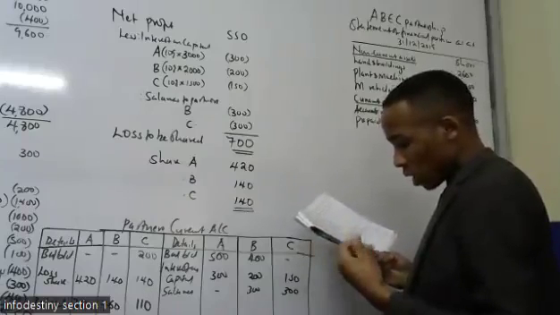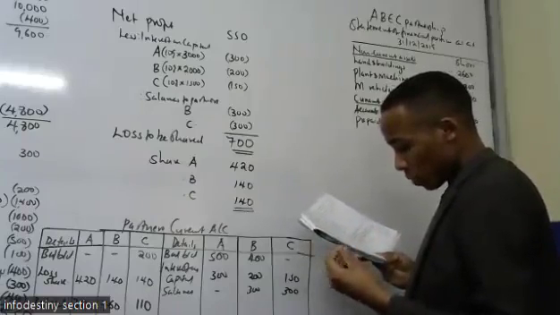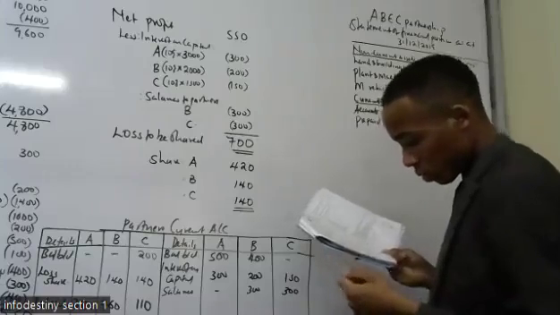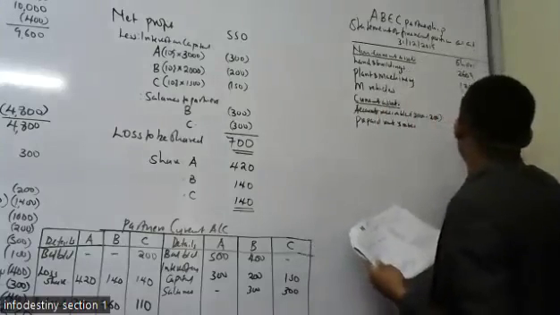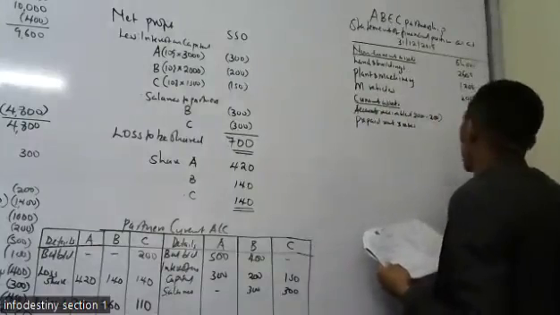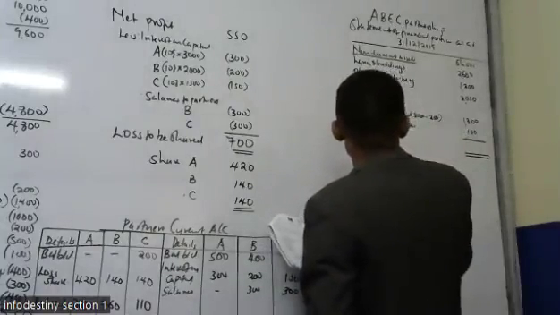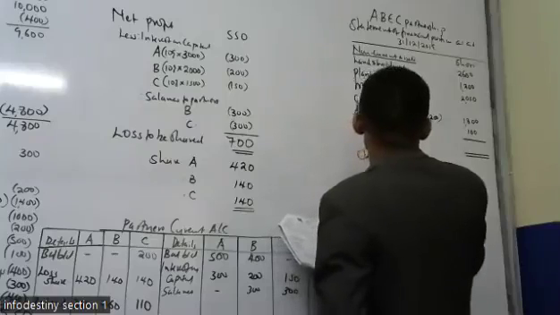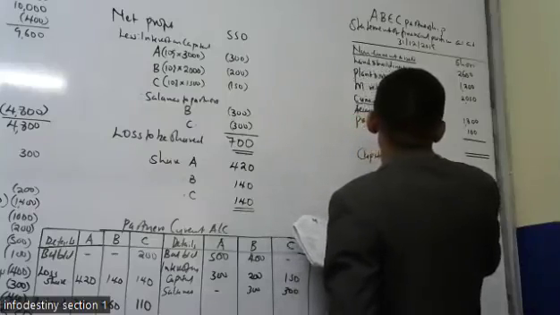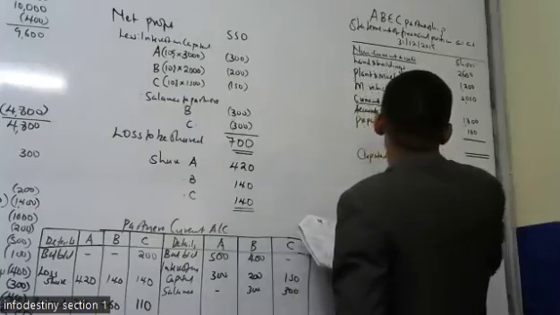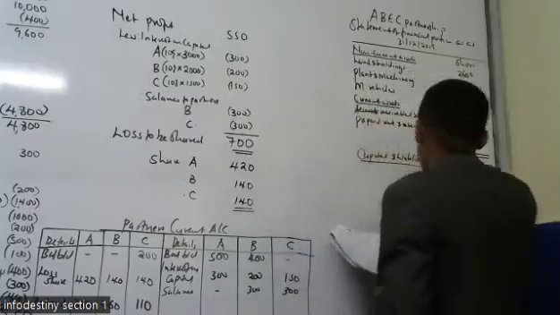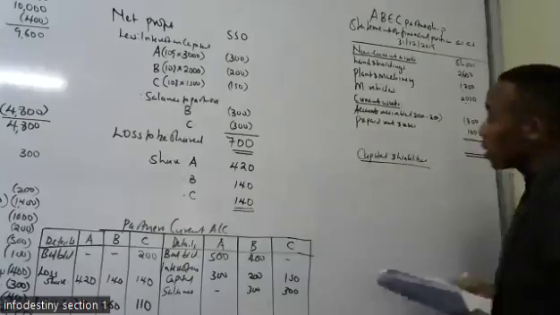That means those are the only assets that we have. So that will give us the total assets. But before we get the totals, we can do the other part, capital and liabilities.